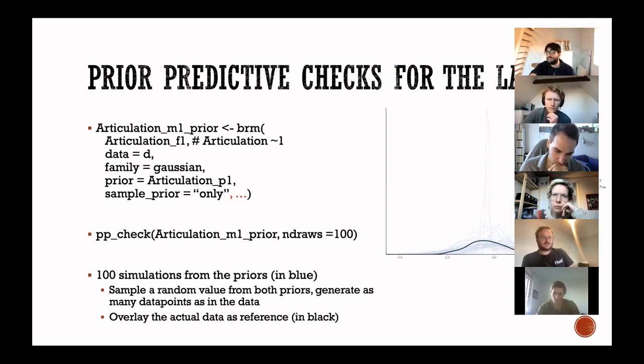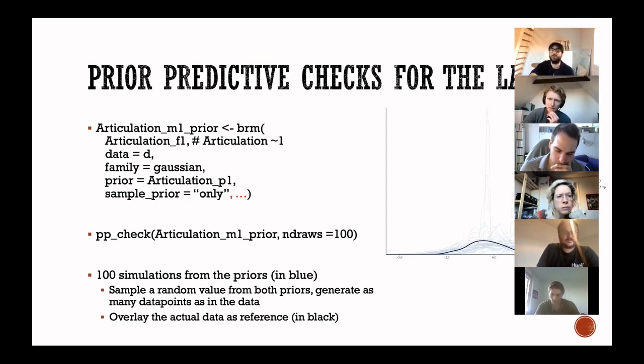A lazier and, I think, more effective way of doing prior predictive checks, of looking at what the outcome looks like given the priors that we're setting, is implemented in brms, the package that we're going to use. So here I'm defining a model, articulation model 1 prior.